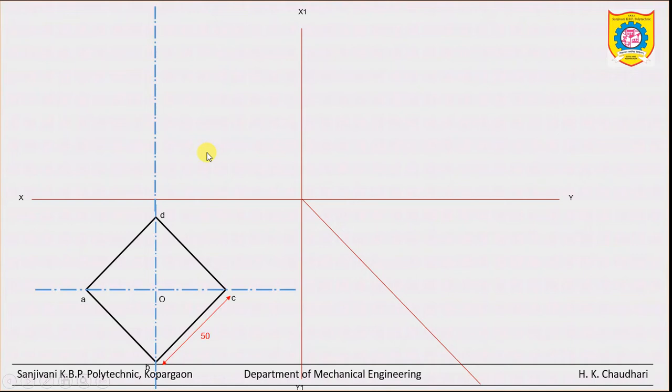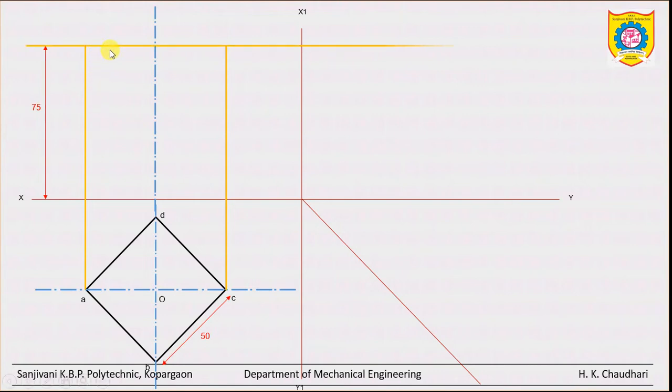Then draw the vertical projections taken from the corners A, B, C, D in this way, and with the height of 75 mm, draw the top surface.